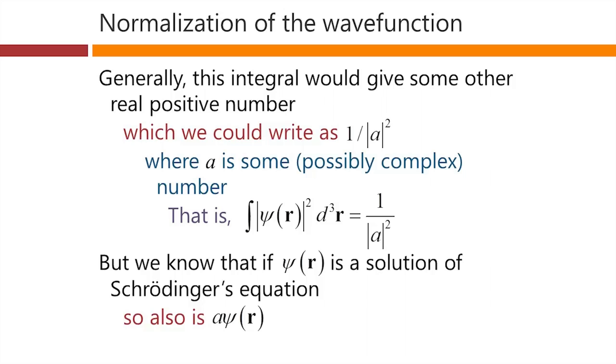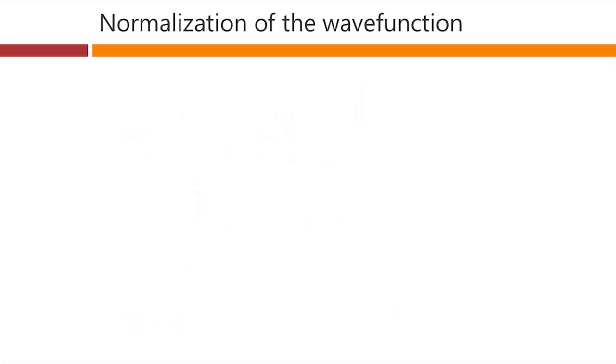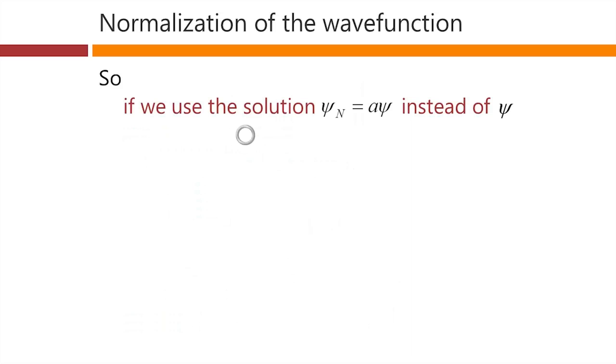Now, we know that if psi of r is a solution of Schrödinger's equation, so also is a times psi of r. This is a consequence of the linearity of Schrödinger's equation. So if we use the solution psi n here, I'm going to put a subscript n on it, which is a times psi, instead of the solution psi, then the integral of the modulus squared of psi n of r d cubed r is 1.